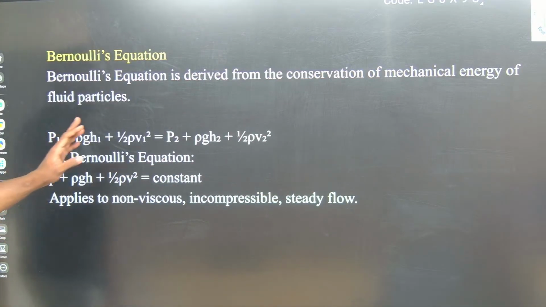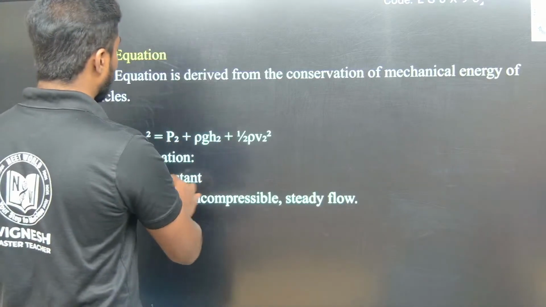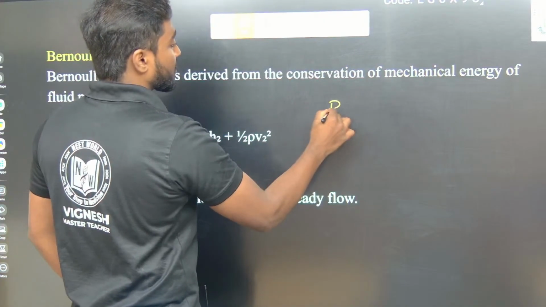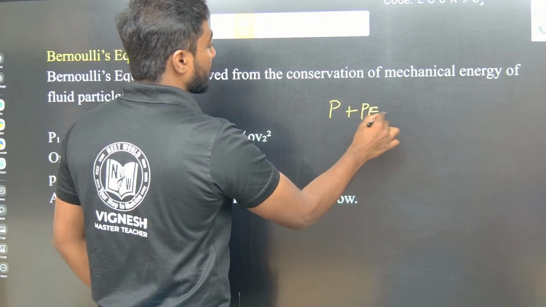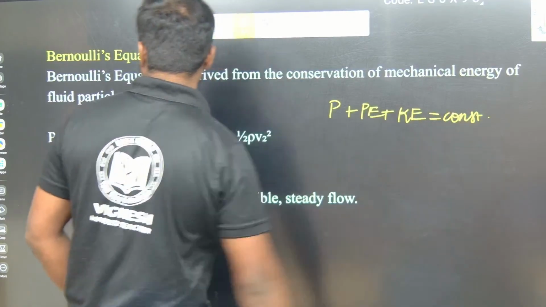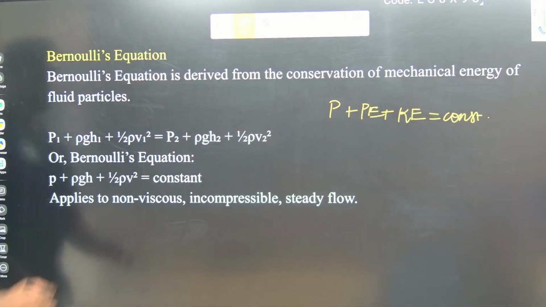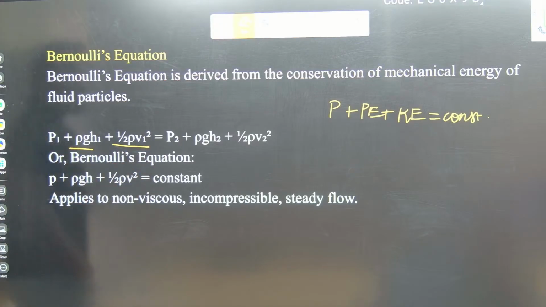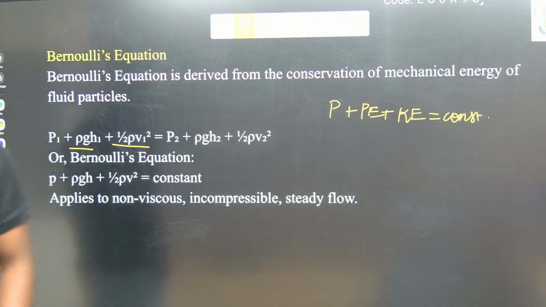Whatever we are studying here is just a recap of that. So pressure plus potential energy plus kinetic energy should be constant, right? So P plus rho g h plus half rho v square is equal to constant. Okay, this is about Bernoulli's equation.